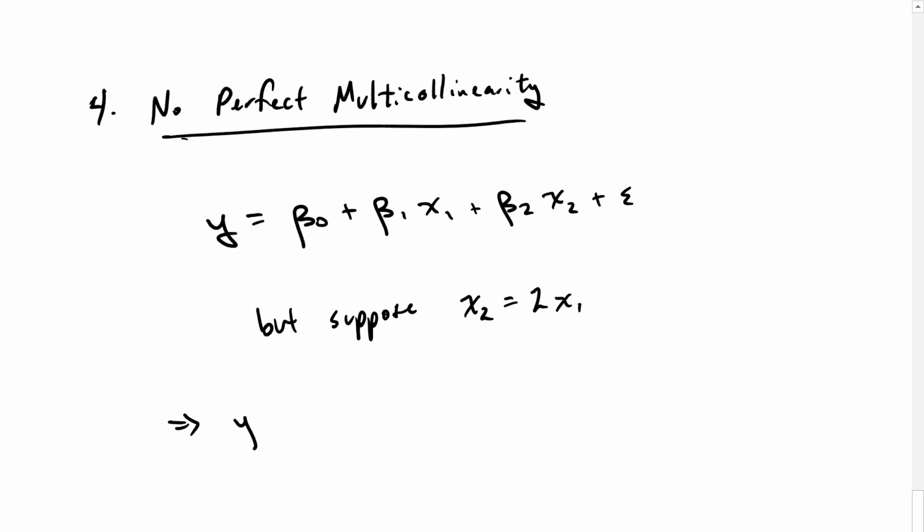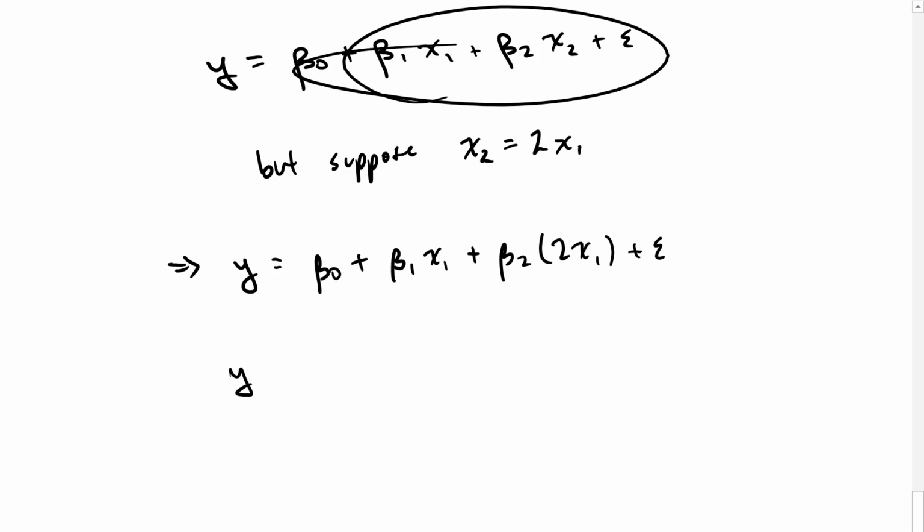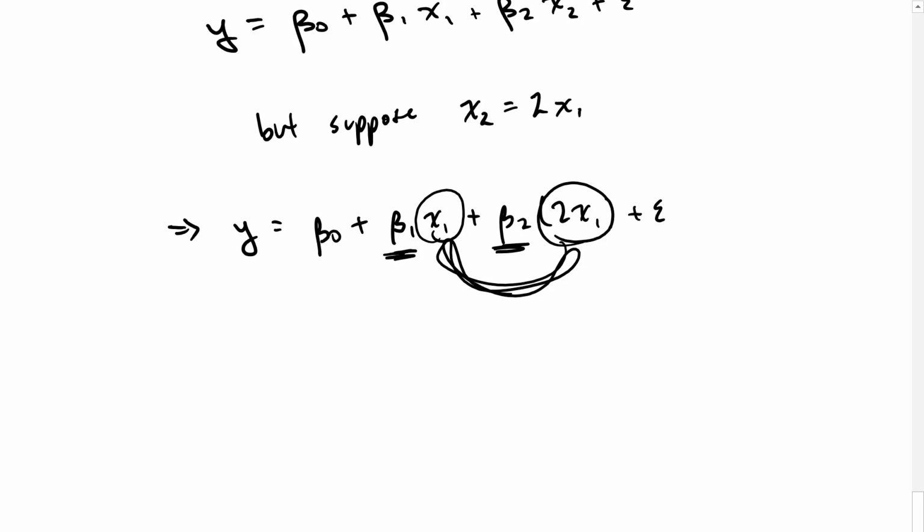Then y would be equal to beta 0 plus beta 1 x1 plus beta 2 times 2x1 plus the error term. And so ultimately, if you tried to run this original equation, it's trying to capture one effect, or one variable here ultimately, but there are 2 effects, and so that'll cause some problems.